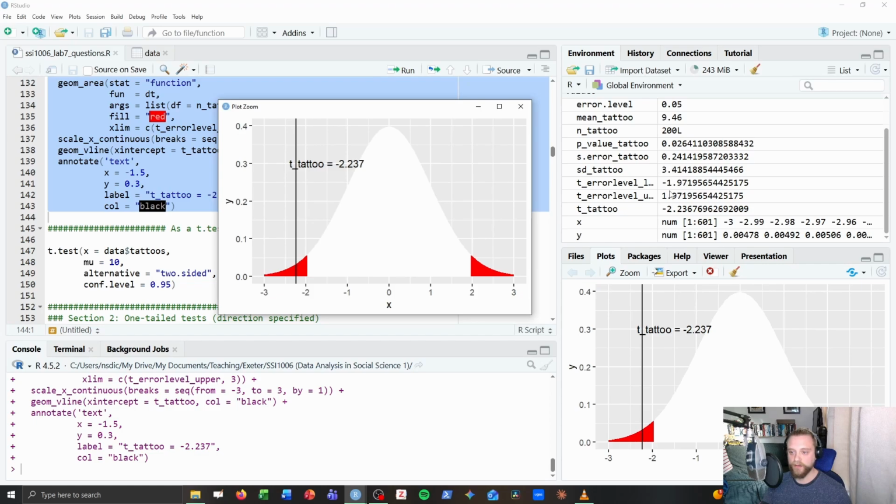You can see our t-value here was minus 2.23, and that put us in this region here. So the mean was lower, so it was going to be in this region, not likely to be up in this region. And this gave us this area under the curve, just about half of this red region, as our p-value, which is quite low, right? Most of the probability is over here.